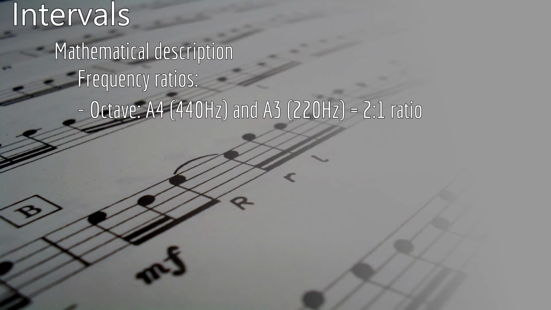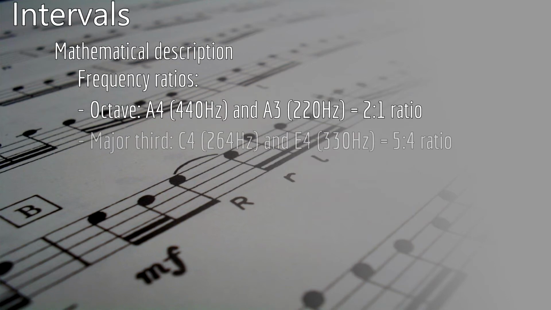There you have the A4 and A3. And the A4 has a frequency of 440 Hz, while the A3 has only the half frequency, 220 Hz, which is the deeper note. And there you can see quite good that there's a ratio of 2 to 1 between those two tones.